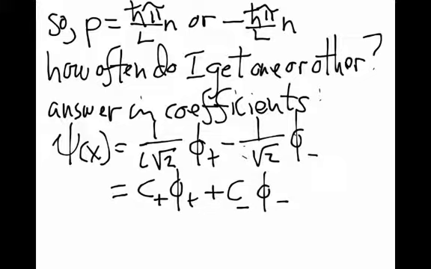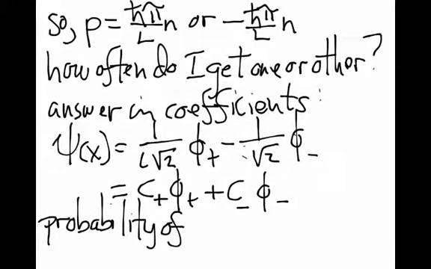So we can break this into a coefficient c plus times the eigenfunction phi plus, and another coefficient c minus times the eigenfunction phi minus, and we add them up. Any minus signs we collect into the coefficient, and we'll see that they don't matter in this probability game.